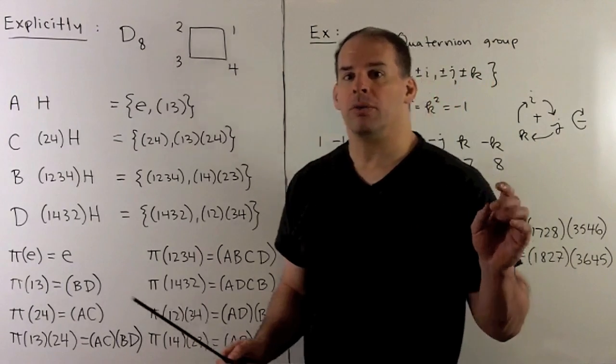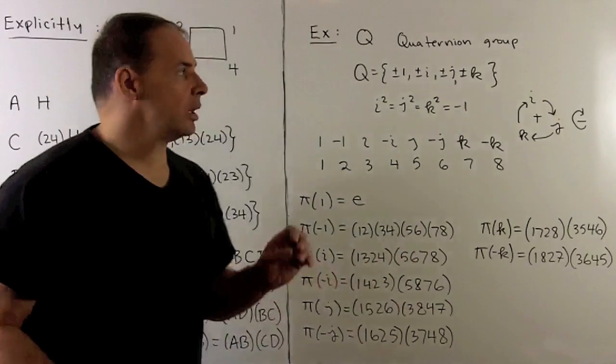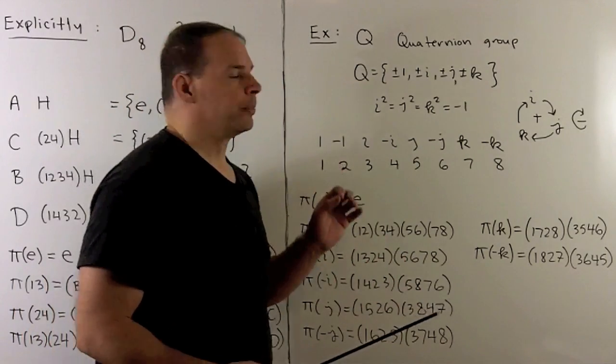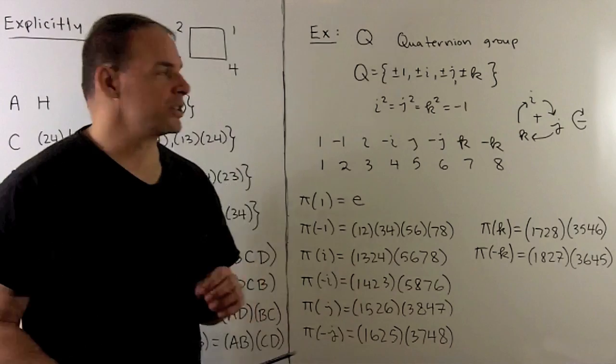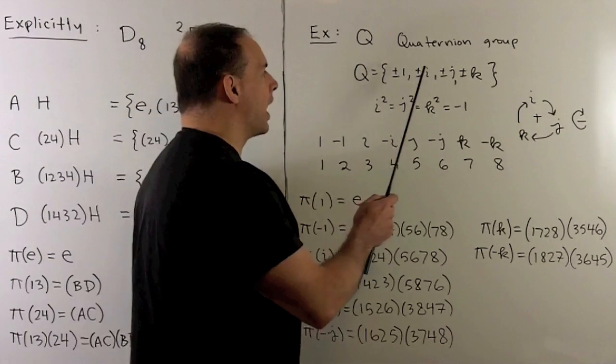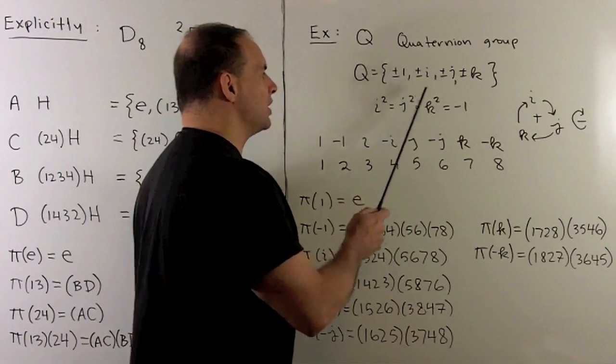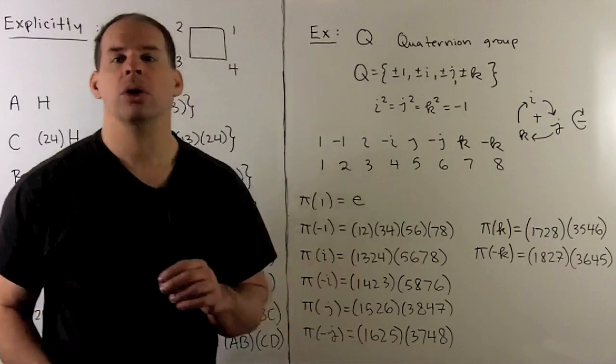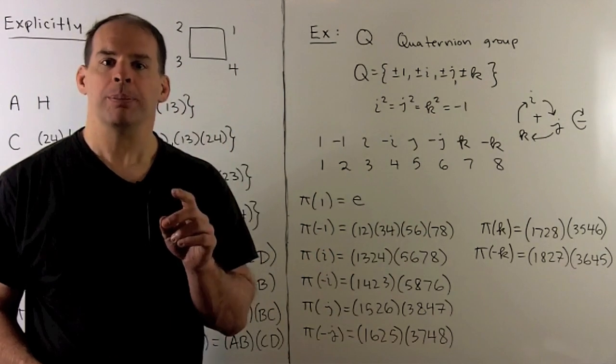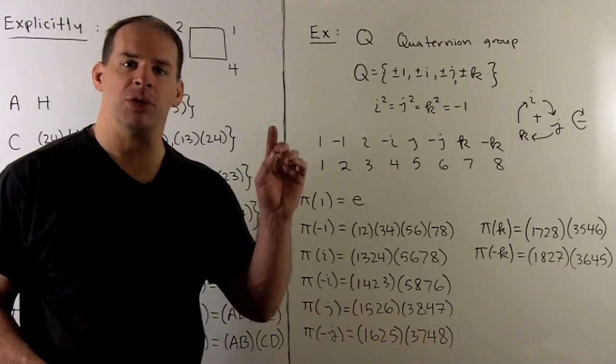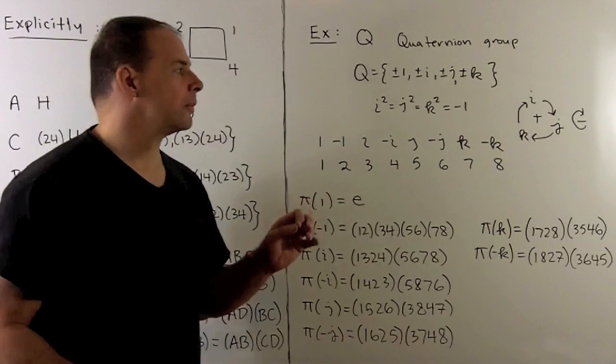Now, for another example, let's consider the quaternion group. So the set here is, I'm going to take the labels 1, i, j, k, plus or minus each of those. For the multiplication, for i, j, and k, if we square, we get minus 1.